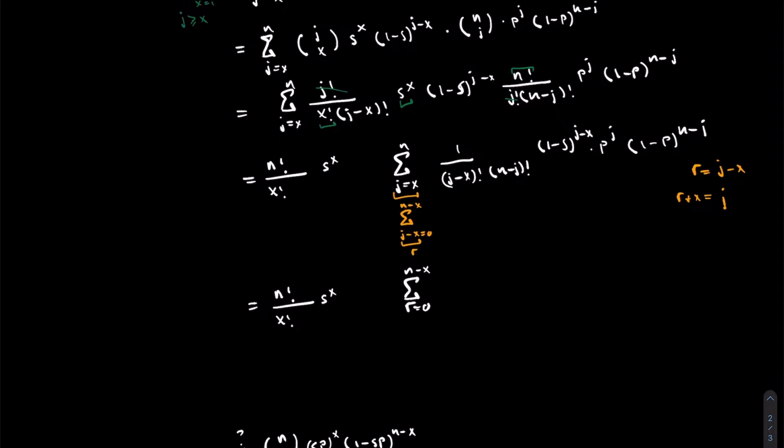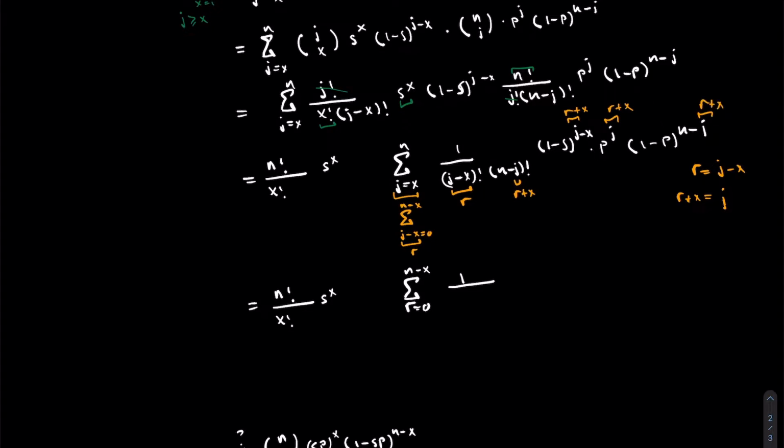And so this term is going to be r. This term here is going to be r plus x, and this term here is going to be r plus x. This is also r plus x, and that's going to be r plus x as well.